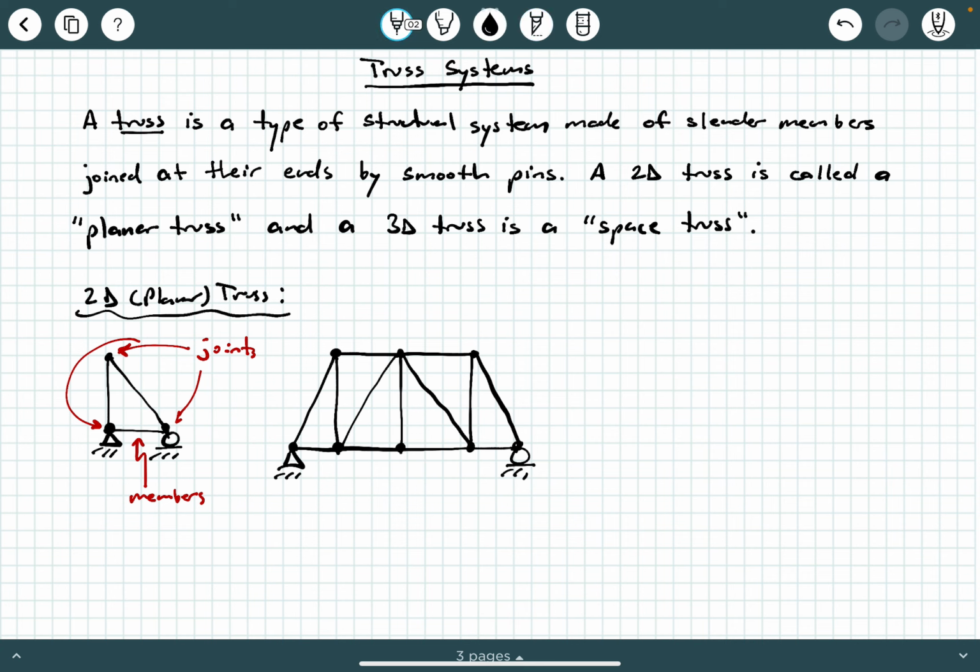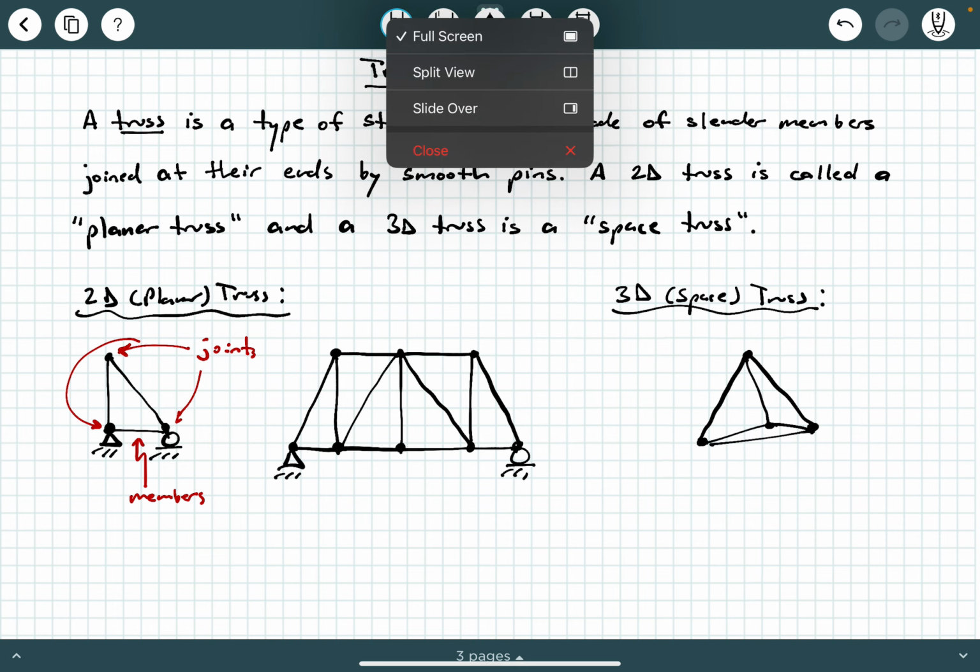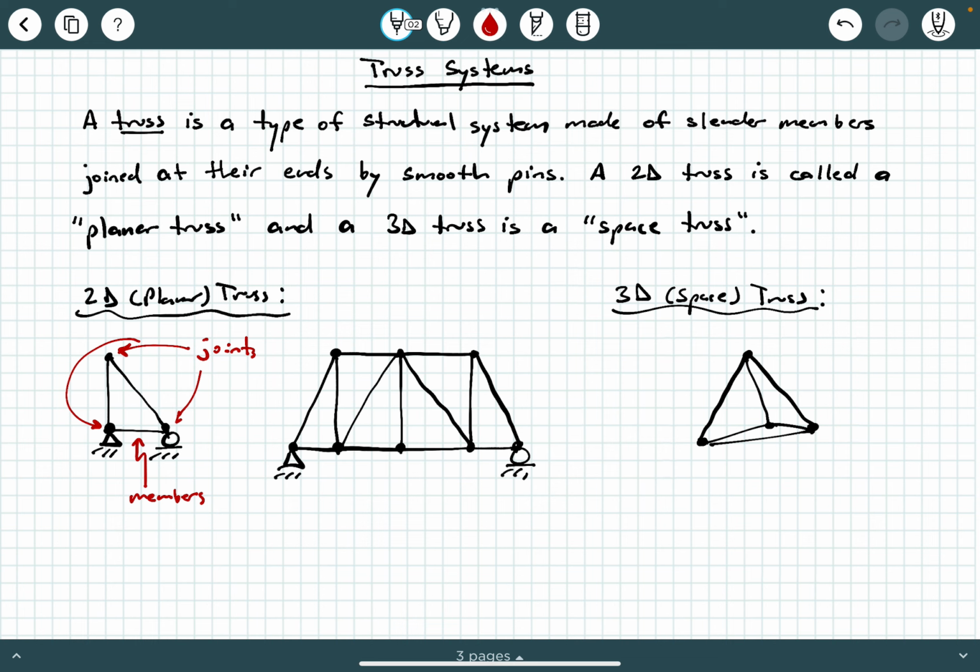What about a 3D or space truss? That would have all 3 directions engaged at the same time: X, Y, and Z. So you could see a simple situation like this, where you have multiple members interconnected like this, and maybe you've got an applied force at some angle here.